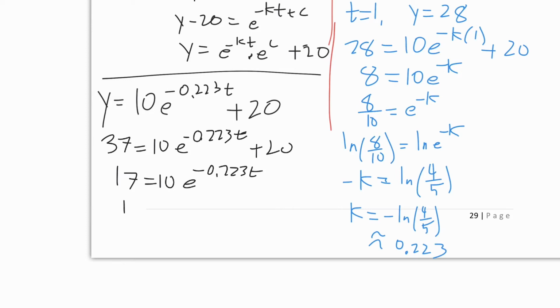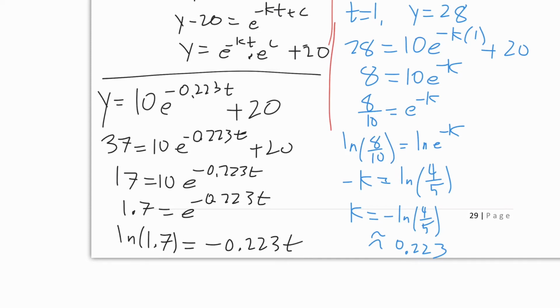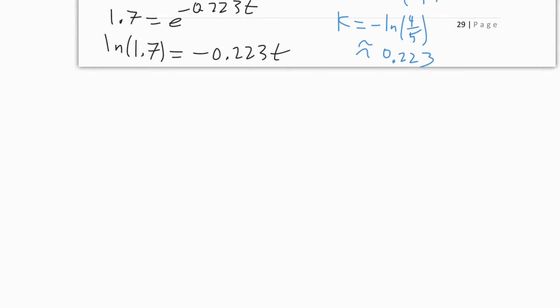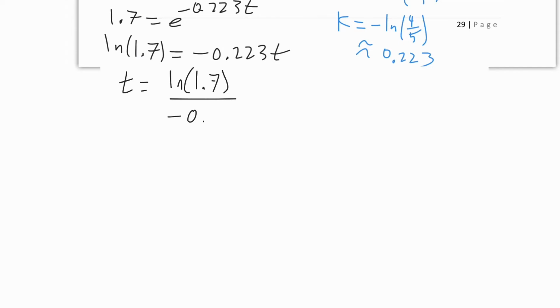So we divide by 10. 1.7 is equal to e to the negative 0.223t. So ln of 1.7 is equal to negative 0.223t. All right, let's keep going. So t will be equal to ln of 1.7 divided by negative 0.223.